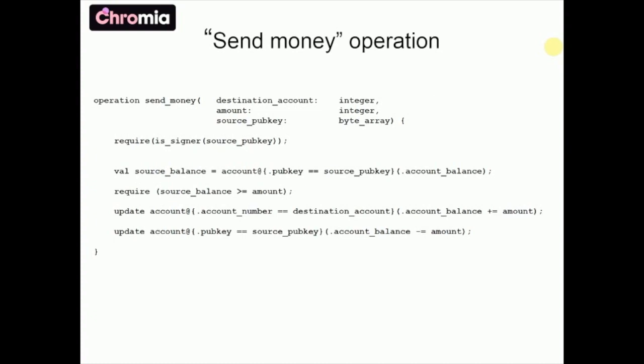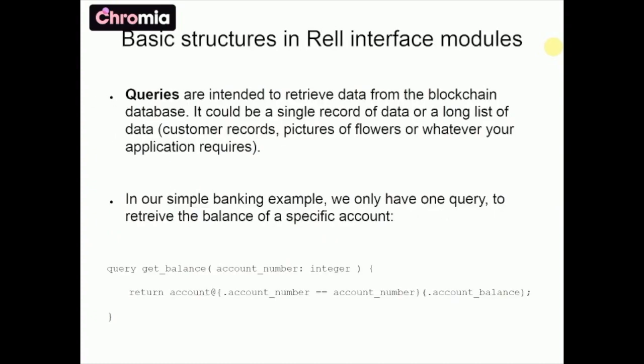And we also require that there is enough money in the account to send. And finally, by using the keyword update, we increase the amount of money in the destination account and subtract the same amount of money from the source account.